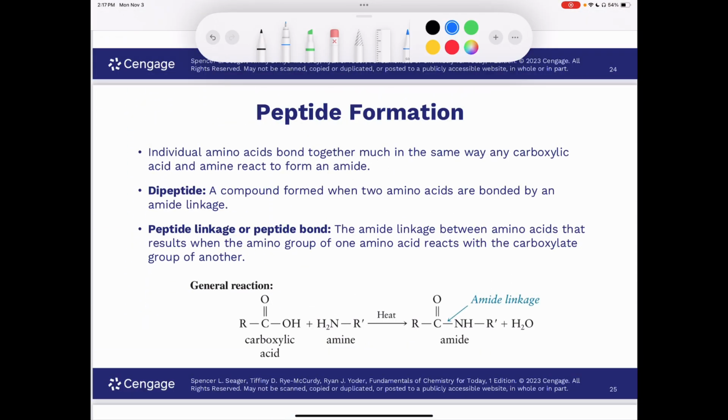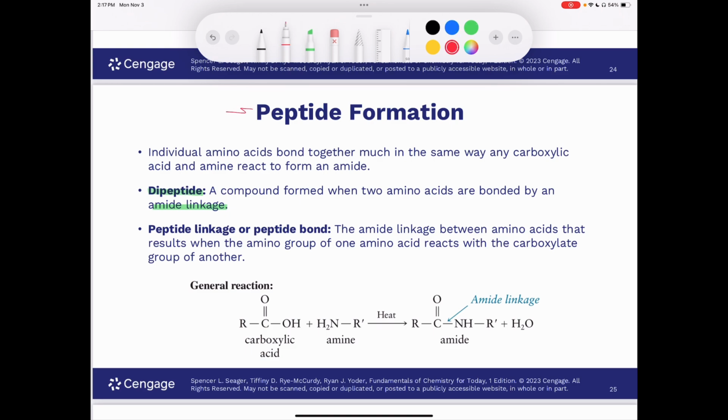Okay, so moving on from amino acids to peptides, individual amino acids will bond together much in the same way any carboxylic acid and amine react to form an amide. And when two amino acids come together to form an amide bond, we get what's called a dipeptide, a compound formed when two amino acids are bonded by an amide linkage.